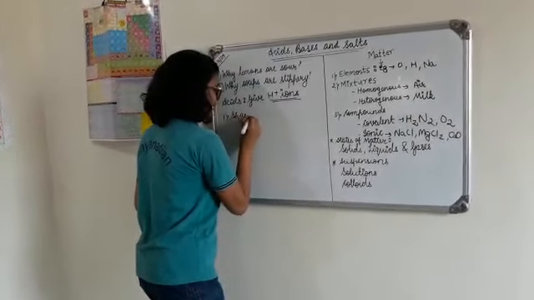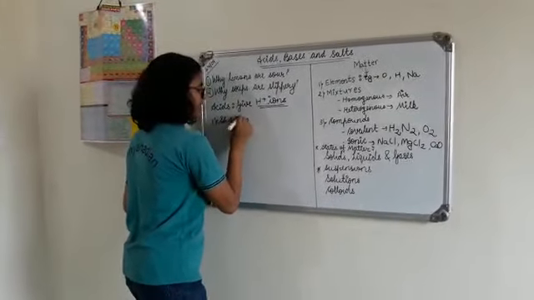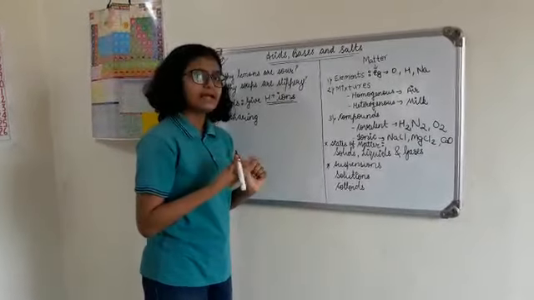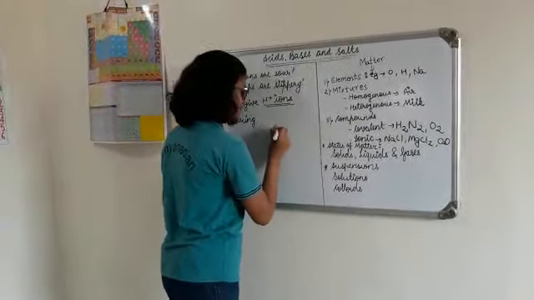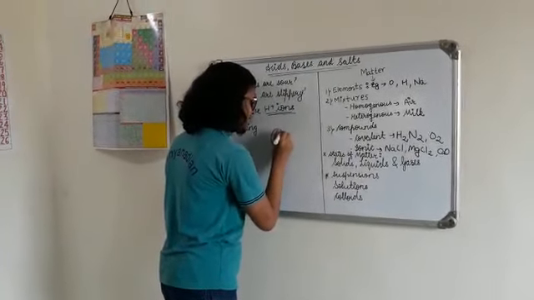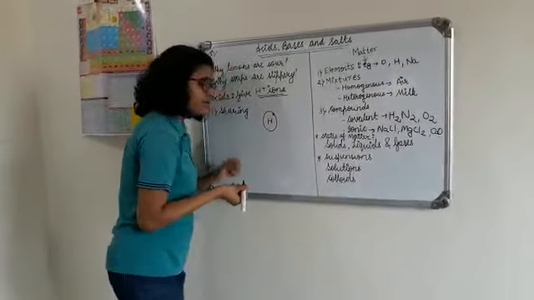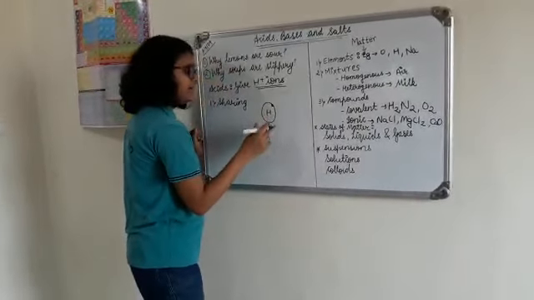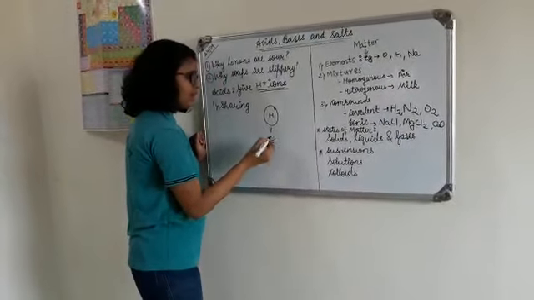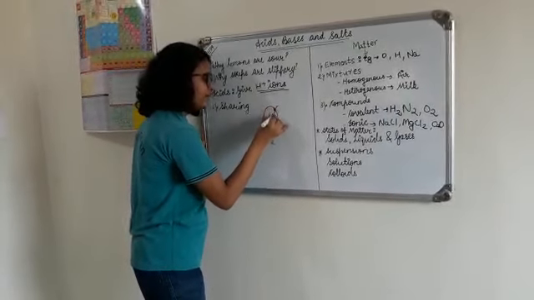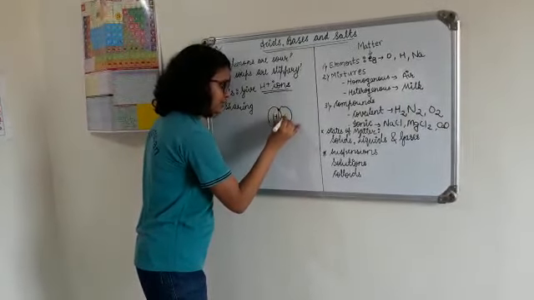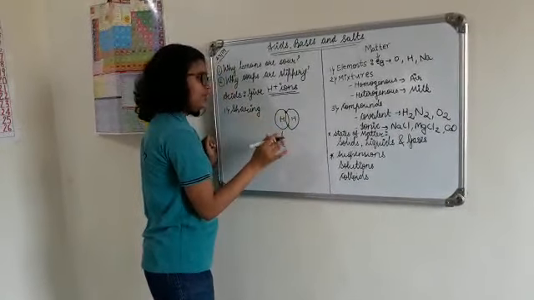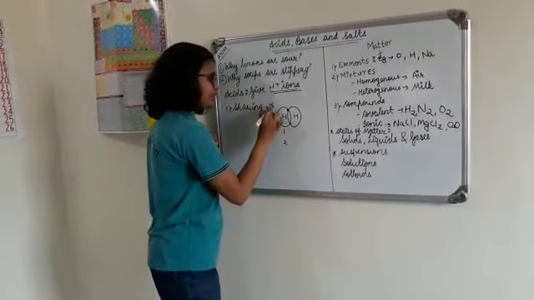First, we'll see sharing. We can take an example of hydrogen because it has the atomic number 1, H. It has one electron in its outermost shell. It needs 2 electrons, so it will combine with another hydrogen and both of them will have 2 electrons. So now they are stable, forming H2.